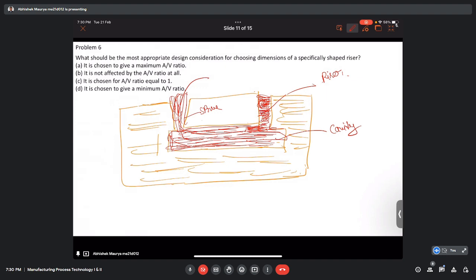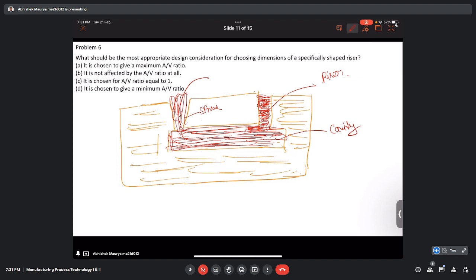So one thing we have to take care of is that the molten metal can come from the riser to the cavity only when the metal inside the riser remains in molten state.